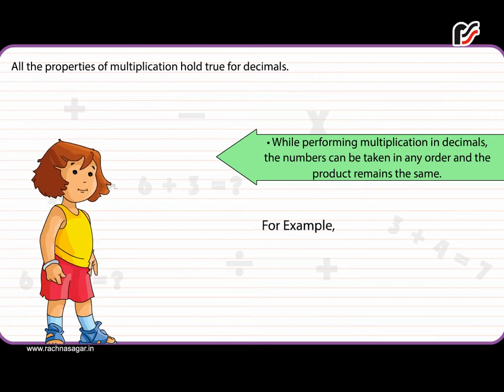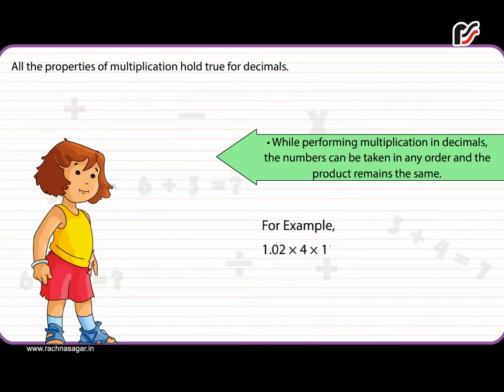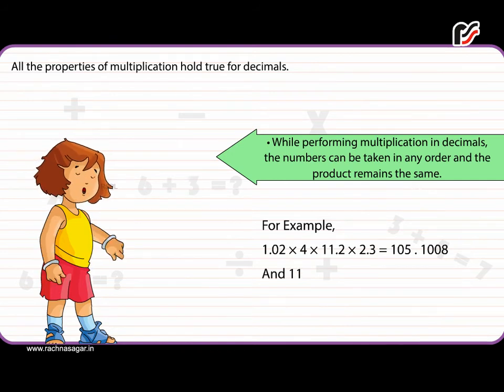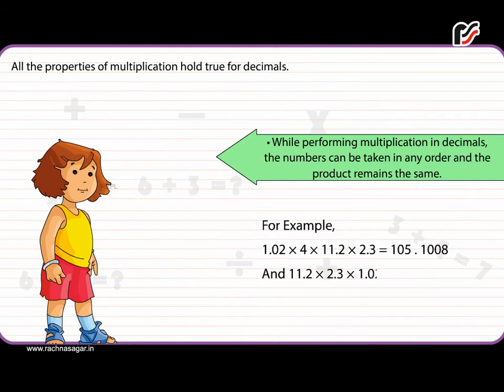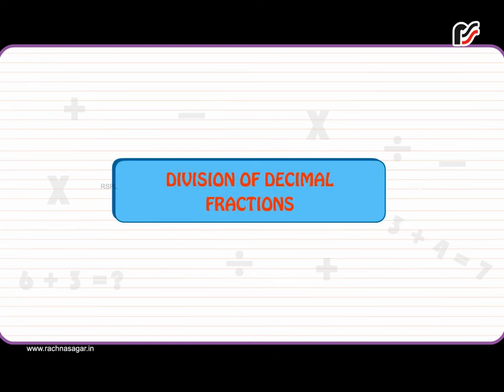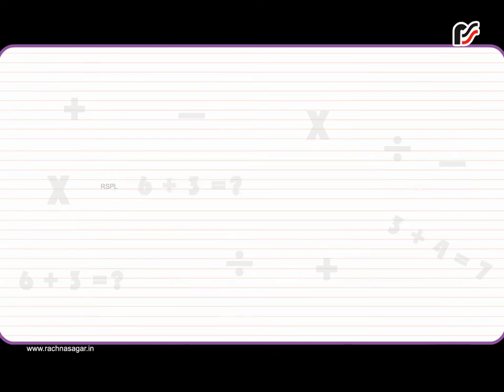For example, 1.02 multiplied by 4 multiplied by 11.2 multiplied by 2.3 is equal to 105.1008. And 11.2 multiplied by 2.3 multiplied by 1.02 multiplied by 4 is equal to 105.1008. Division of decimal fractions.